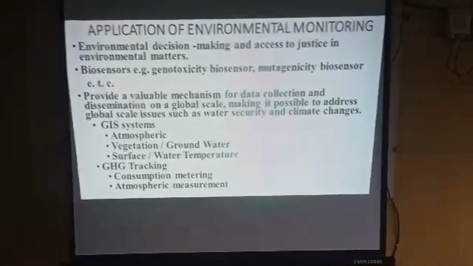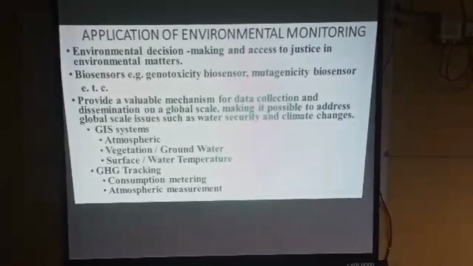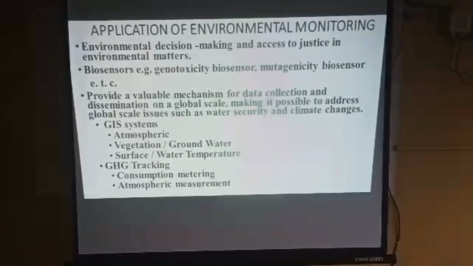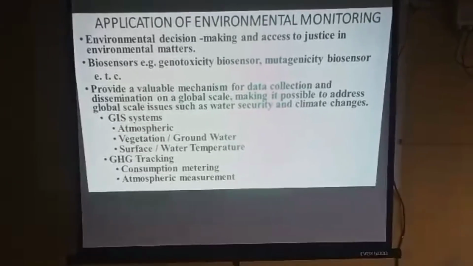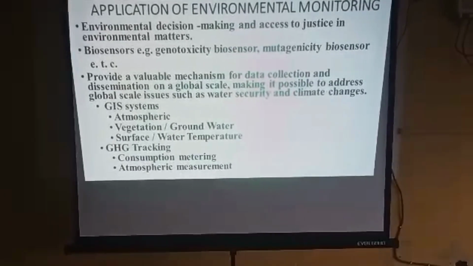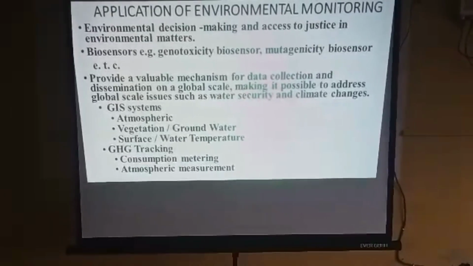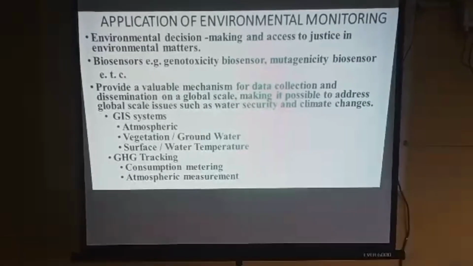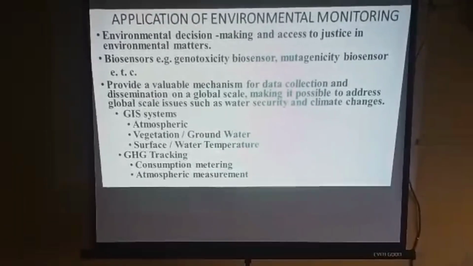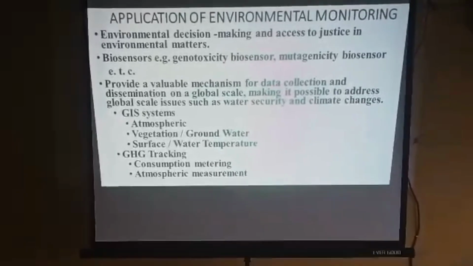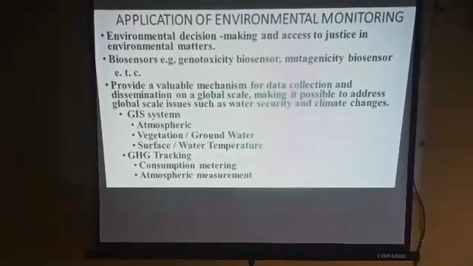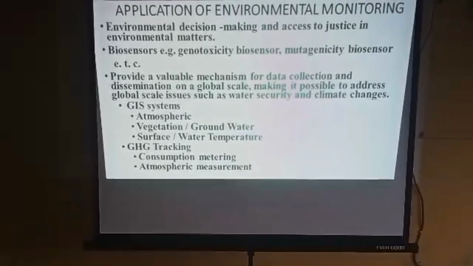Two, it is applied in biosensors like genotoxicity biosensors and mutagenicity biosensors. A lot of biosensors are developed to monitor the environment, to check whether it is toxic or not. They provide a valuable mechanism for data collection and dissemination on a global scale, making it possible to address global scale issues such as water security and climatic changes.